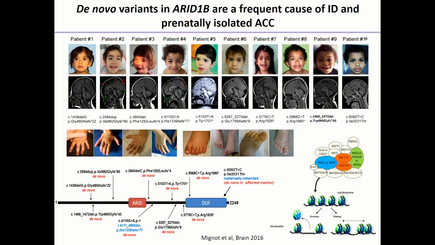So the main result from the callosum study was that we identified 10 patients out of 100 with de novo variants in ARID1B. So if you had listened to the presentation of Dr. Santon earlier this afternoon, maybe you know that patients with ARID1B mutation have corpus callosum abnormality in 43%.